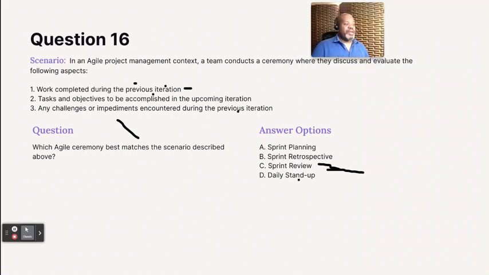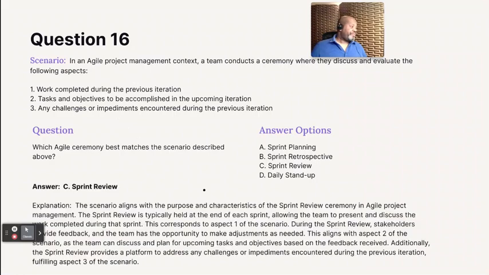We're not doing iterations on the daily stand-up. This would be at the beginning or the end. Actually, at the end of a sprint. So, what did you say? Sprint review. Oh, I was wrong. Sprint review.